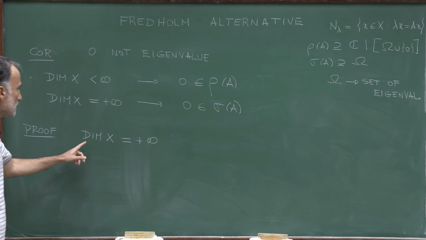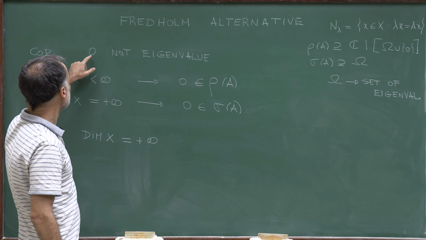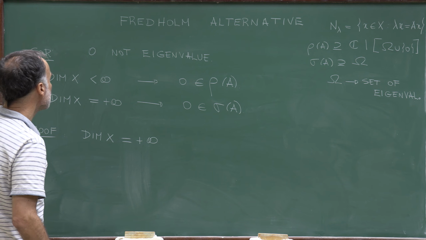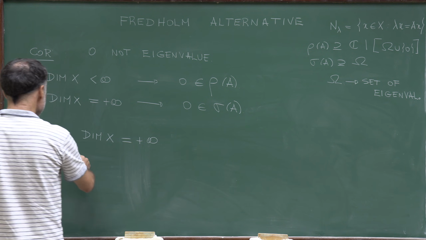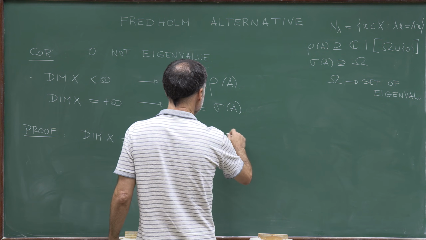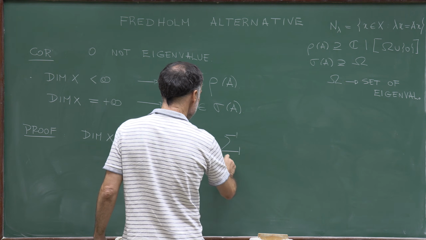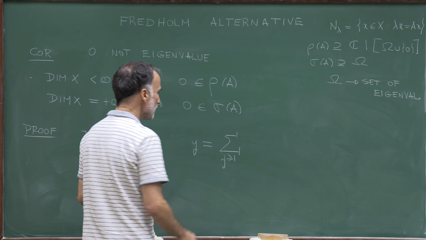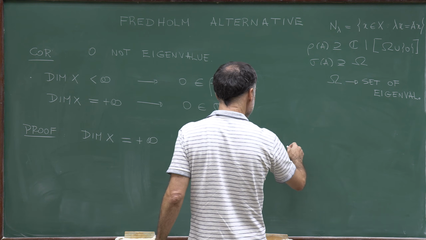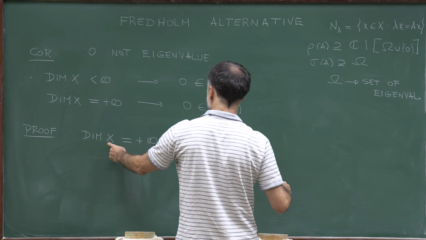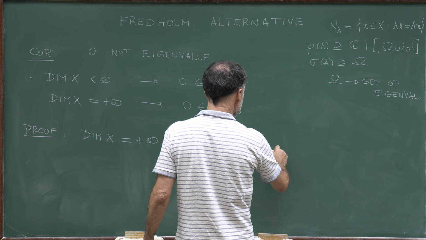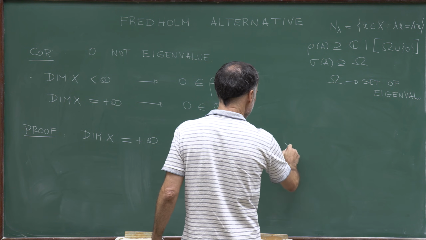So now let's assume that the dimension is infinite, and remember that 0 is still not an eigenvalue. So here again, any y in X can be written as a sum in j, and now we have infinitely many eigenfunctions because we are in infinite dimension, of (y, xj) xj.